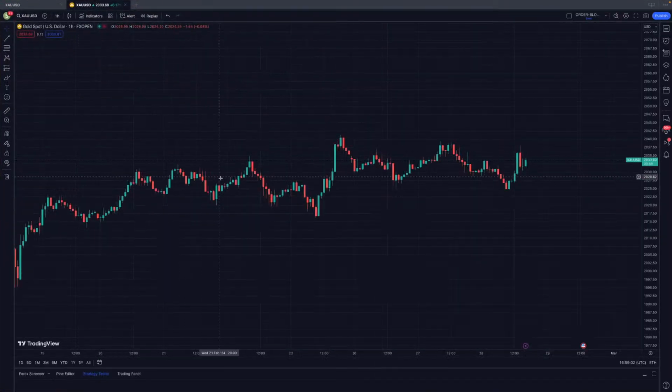Gold chart. I have a buy on gold chart, so just let me check that quickly. Trade still on the move, still waiting for it.